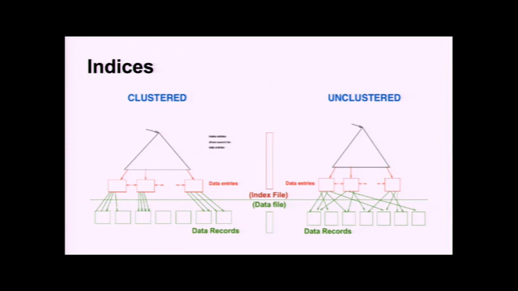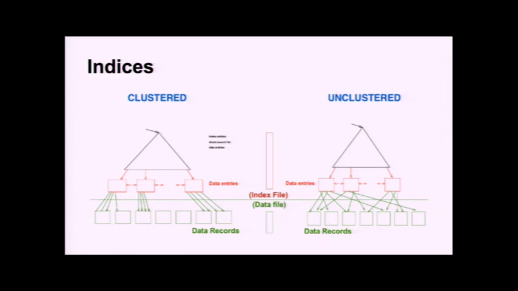So a clustered index will allow us, by looking at the order of our leaf pages, to determine exactly what order our data is on disk. Whereas an unclustered index won't allow us to do this. For all intents and purposes in class, we're going to consider this unclustered index to have pointers that point essentially randomly on disk.